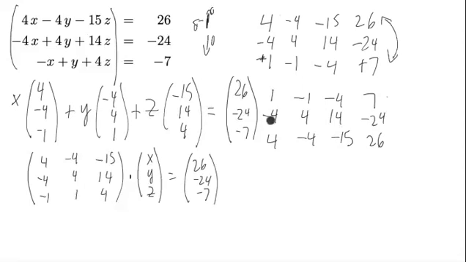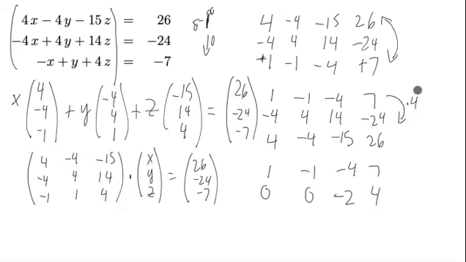Now I can do some airdrops. So this 1 going to the 4, so multiplication by 4 right there. Let's do that airdrop. 1, -1, -4, 7, and I have a 0. 4 times -4 plus 4 would be a 0. 4 times -4 is -16, plus 14 would be a -2, and 4 times 7 is 28, minus 24 is 4.